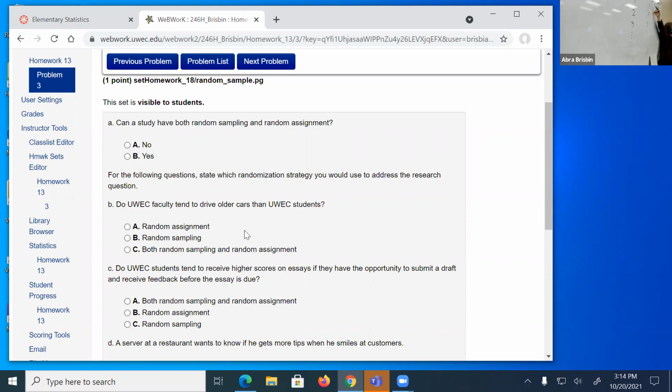Can we go up to a person and say, oh, I just flipped a coin, you're a student. Oh, I just flipped a coin, you're going to be a faculty member. Is that feasible? No. So we can't randomly assign values of the explanatory variable. So random sampling is feasible, but random assignment is not.